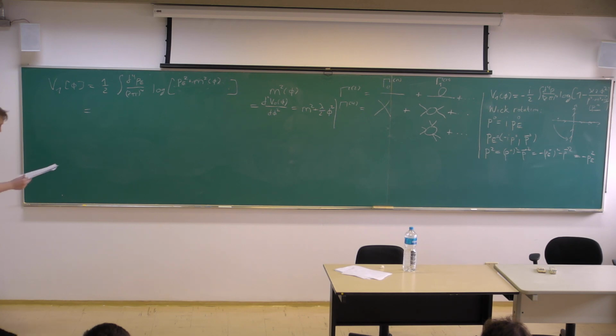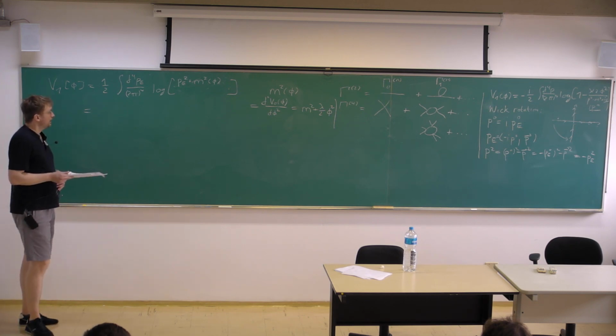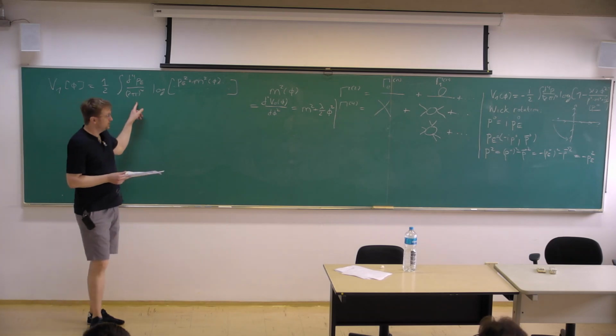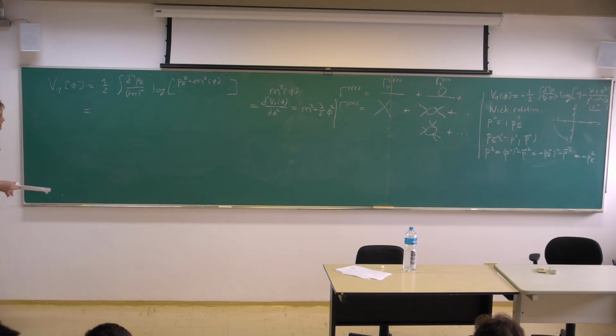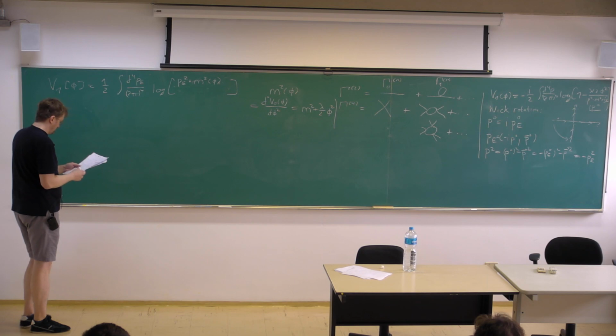Okay, but now we will have to integrate. And this integral is UV divergent, so we will have to regulate. The way I will regulate this integral is by dimensional regularization.